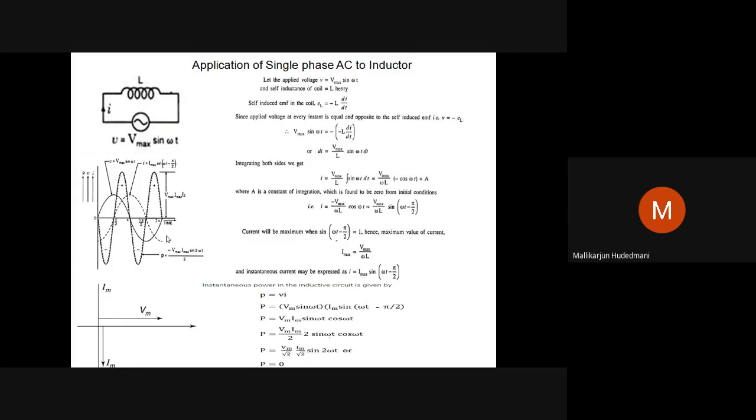Whenever the source is diminishing, it is recycled back. I mean to say, in every positive half cycle, energy transfer takes place from source to inductor, and in every negative half cycle, energy transfer takes place from inductor to the source. Like this, energy recycling takes place. Net energy consumed is 0.